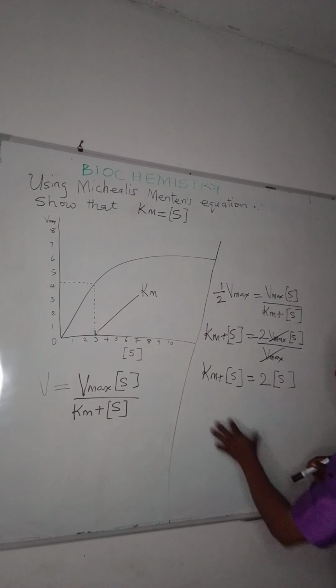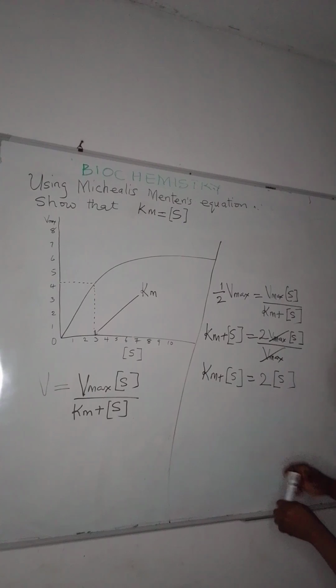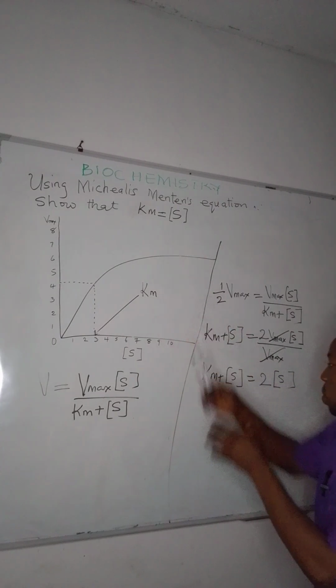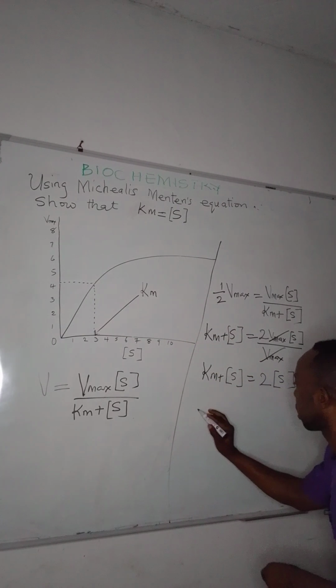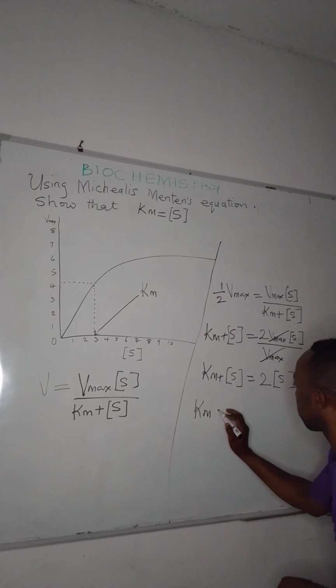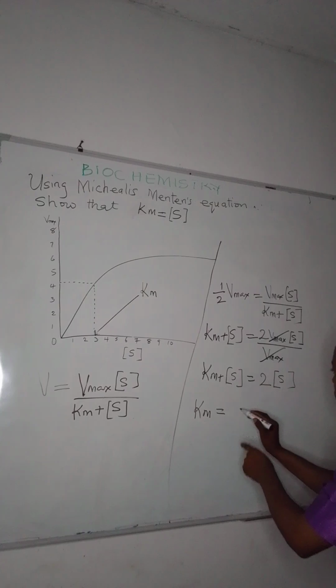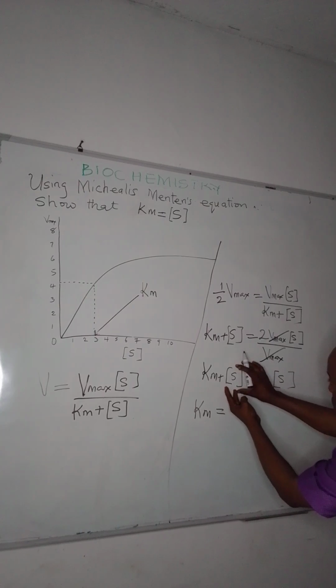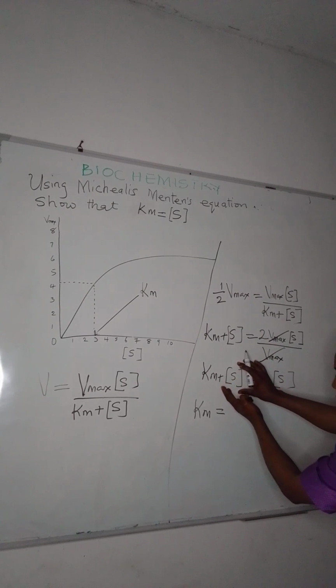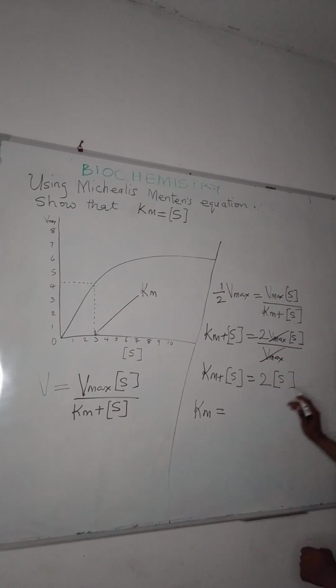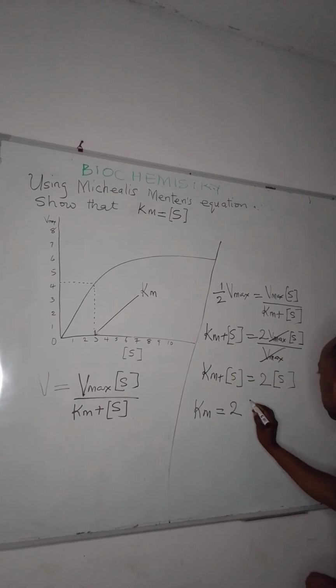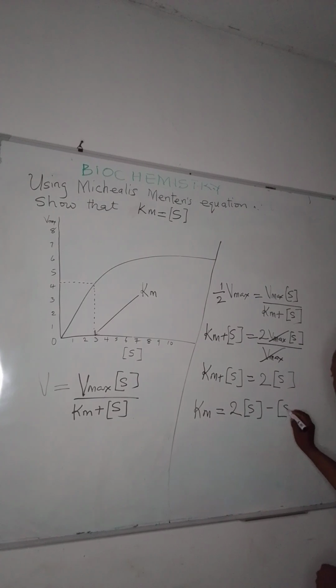Now, we are looking for Km because they say we should show that Km is equal to substrate concentration. So let's find Km. Km will now be equal to, if you are bringing this over, this substrate concentration will be thrown to this place. This will now be 2 substrate concentration minus substrate concentration.